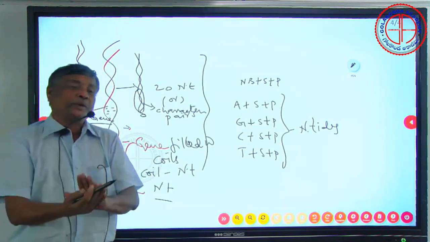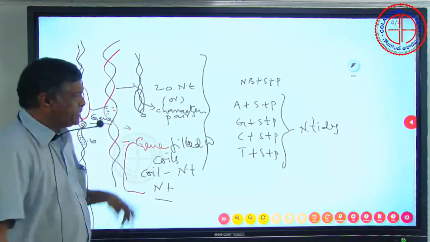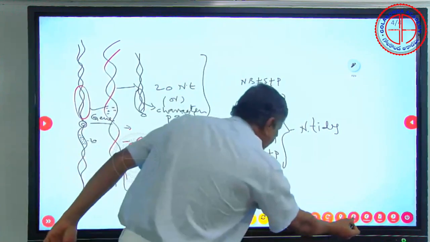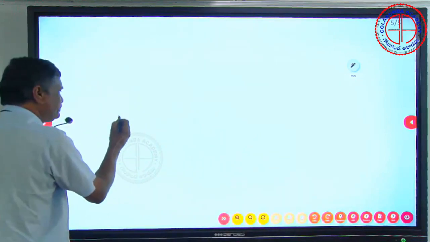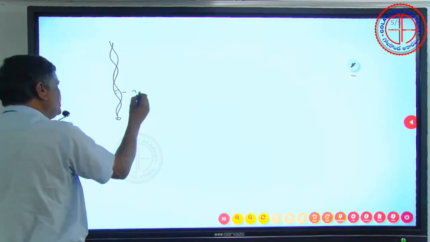How small a part of DNA is considered a gene was calculated later. Basically, you see a DNA, a coil filled with nucleotides, 20 nucleotides or 10 pairs.